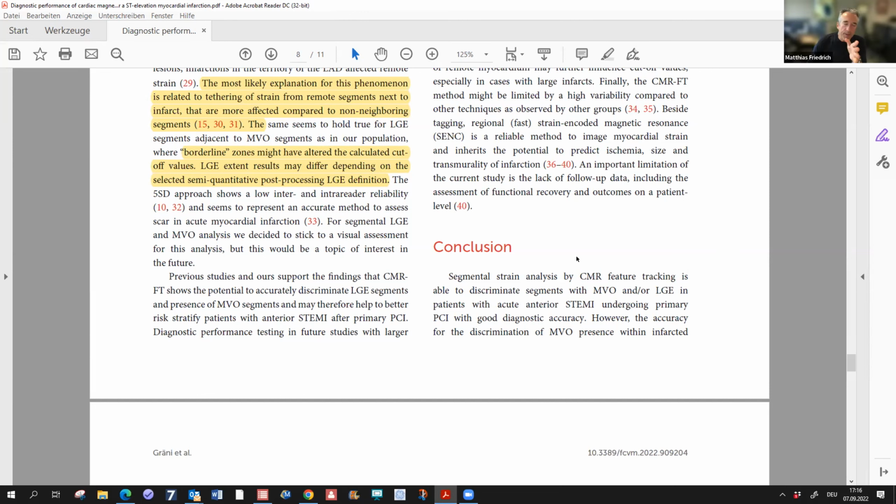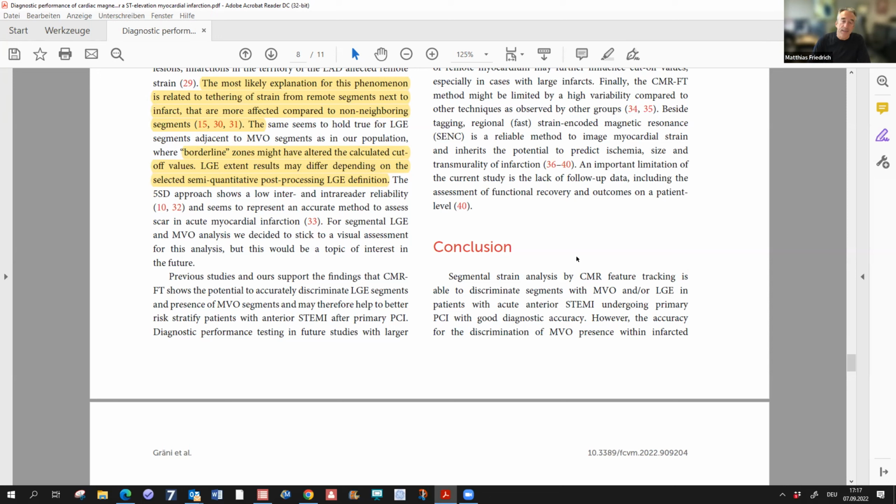Yeah, because there may also be options of tissue characterization with native images based on T1 and T2, because the source of significant MVO, from my point of view, is very often hemorrhage in reperfused MI. If it's too long after the initial occlusion, very frequently, and we've looked at that, at least half of the patients have myocardial hemorrhage, and that's very often what then leads to the extensive MVOs.